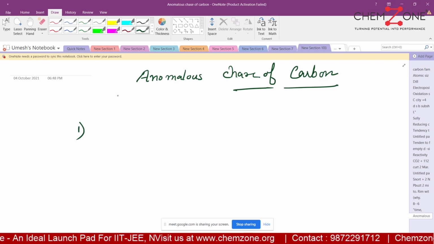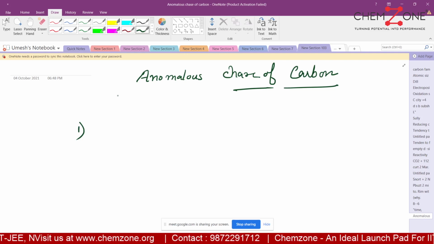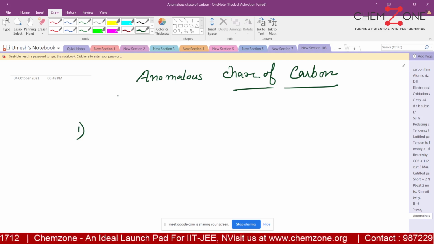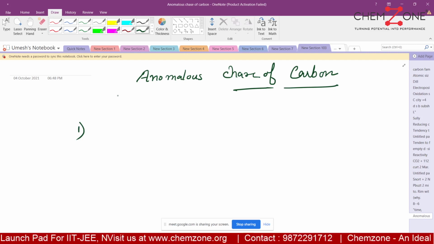Among carbon, silicon, germanium, tin and lead, all elements of the carbon family, carbon shows different properties. The question arises: why and how?